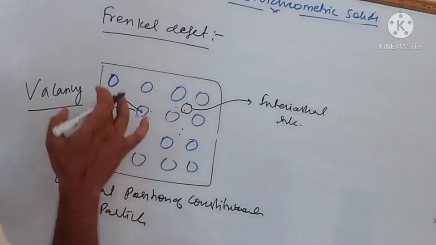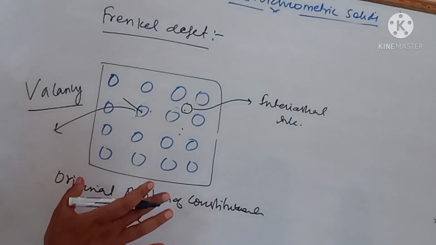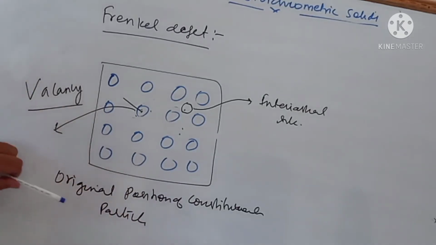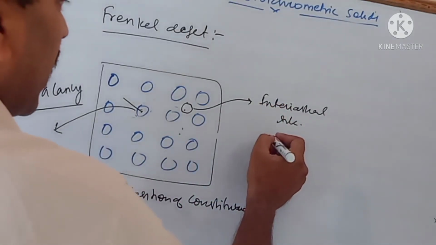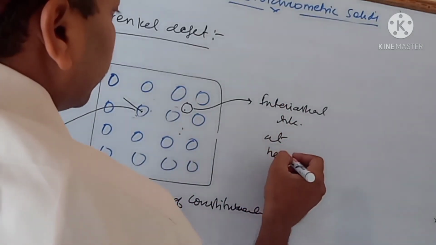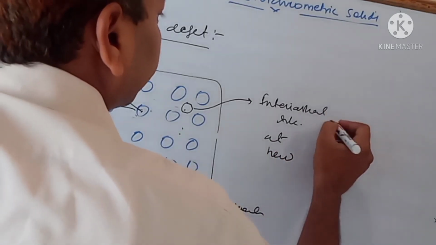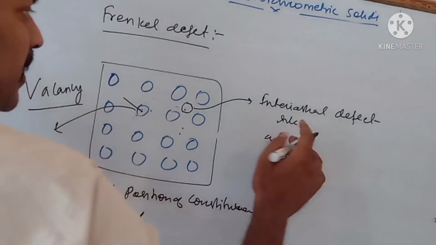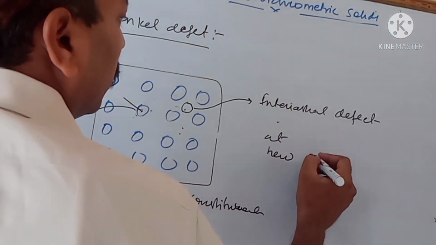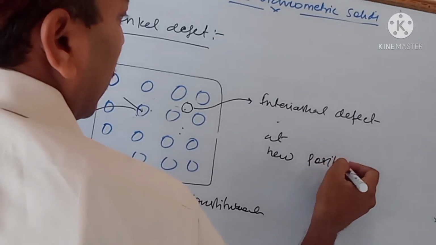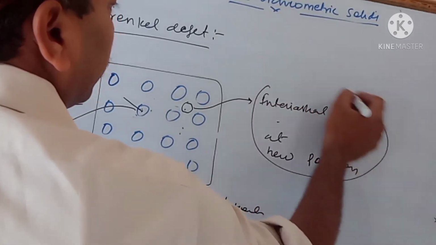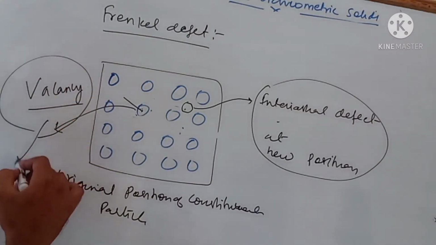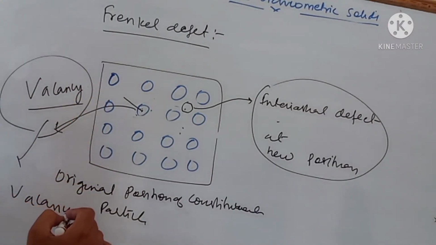So in this type of defect, the Frenkel defect, two types are seen: a vacancy defect at the original position and an interstitial defect at the new location. The new position is known as the interstitial defect, or at the normal position it is known as the vacancy defect.